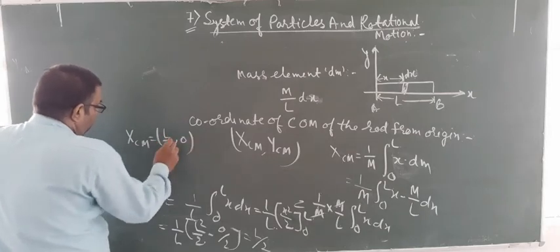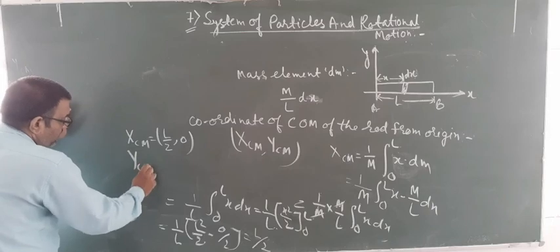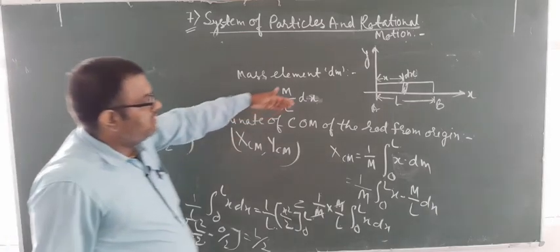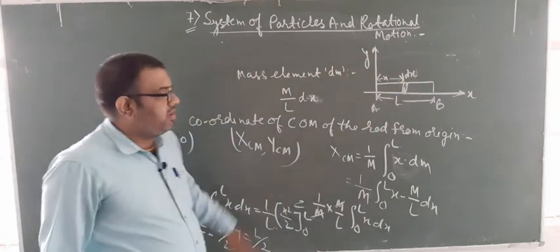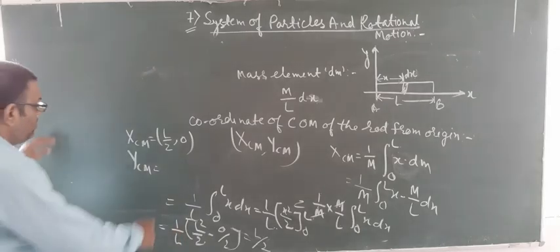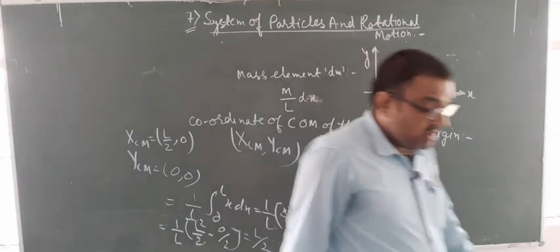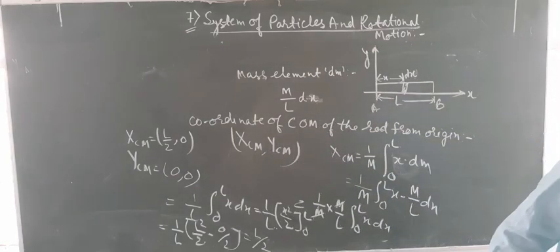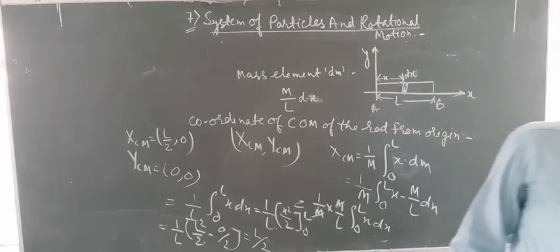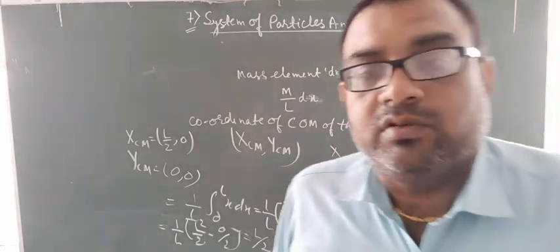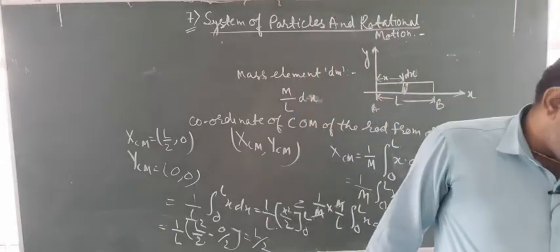And ycm is 0, because the rod is lying horizontally and there is no vertical motion.